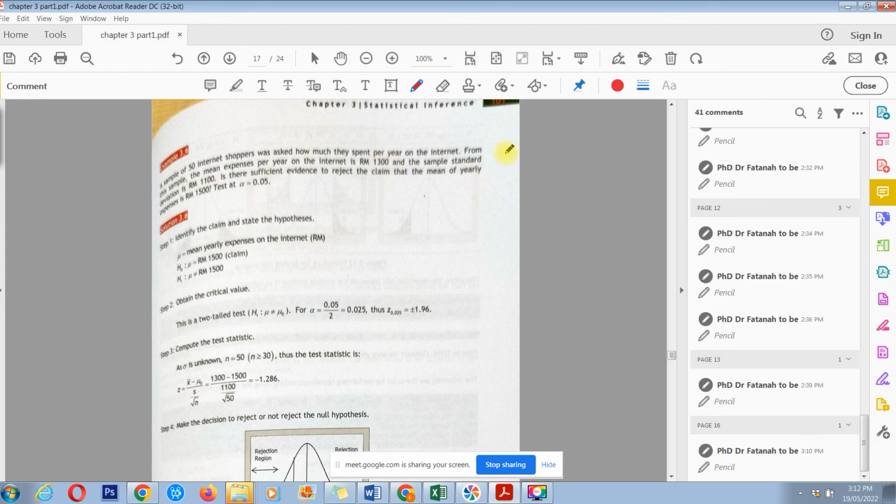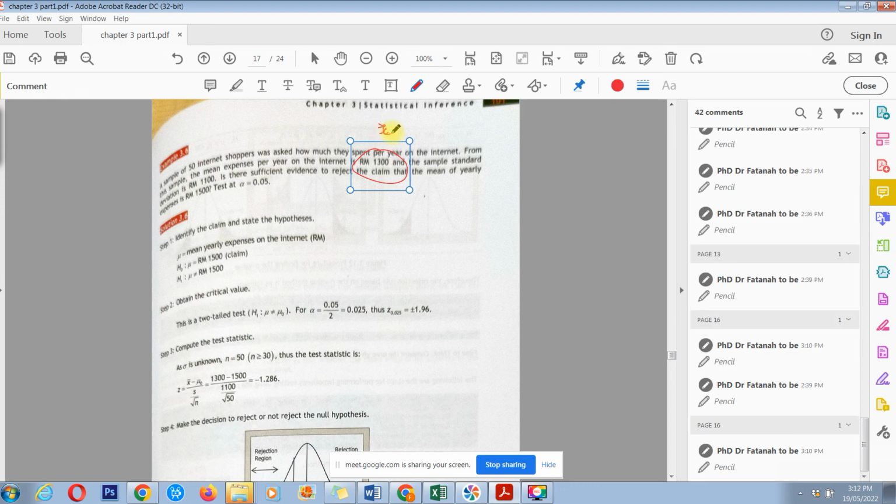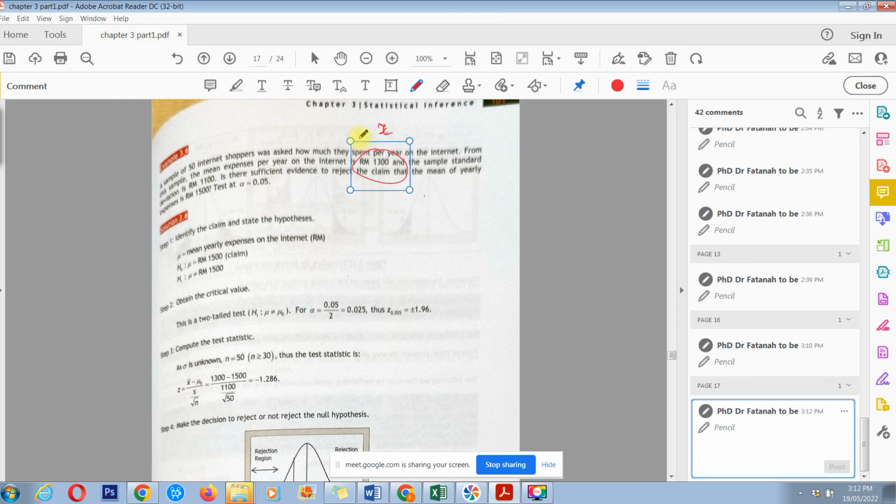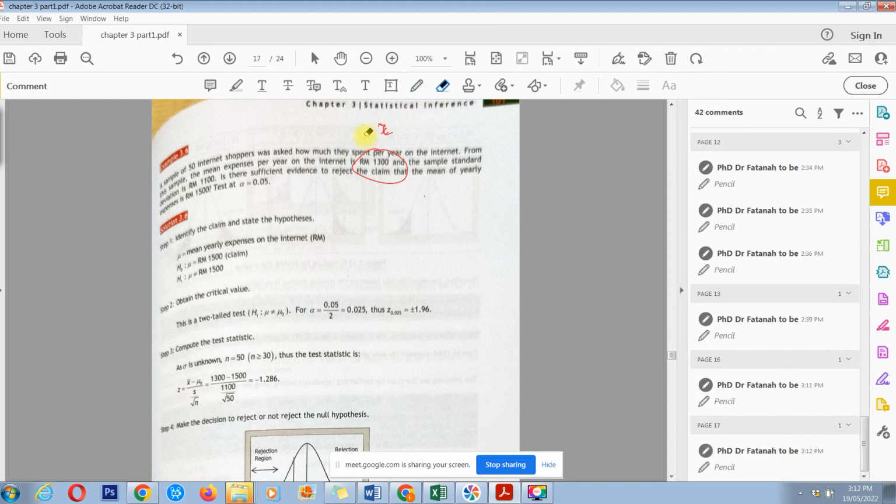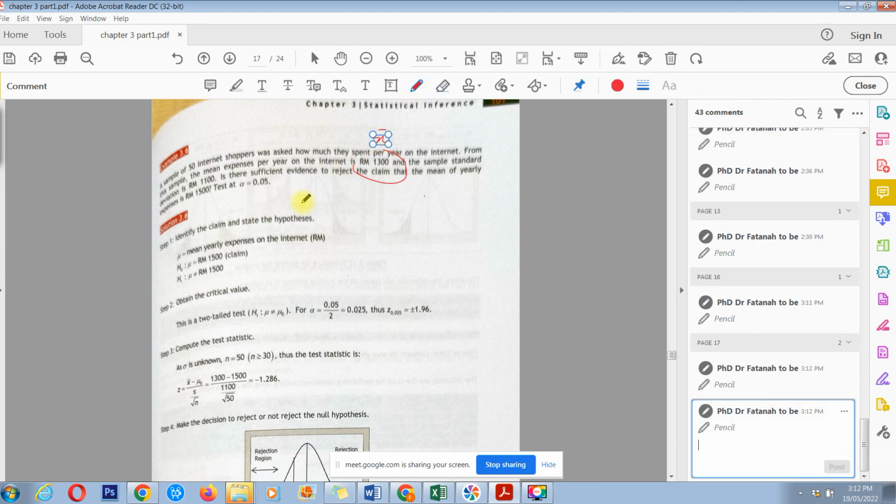So this is the mean. And then the sample standard deviation, this is s.